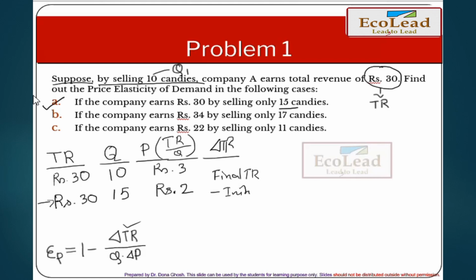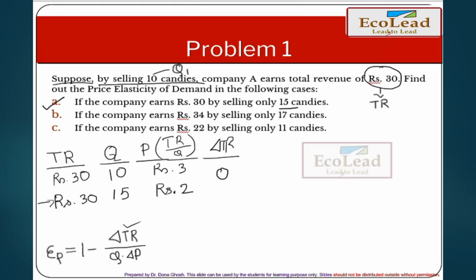Here the final one is rupees 30 and the initial one is rupees 30. So the value will be equal to 0. The value of del TR in this case is 0.